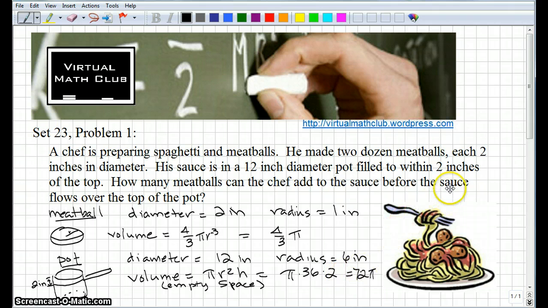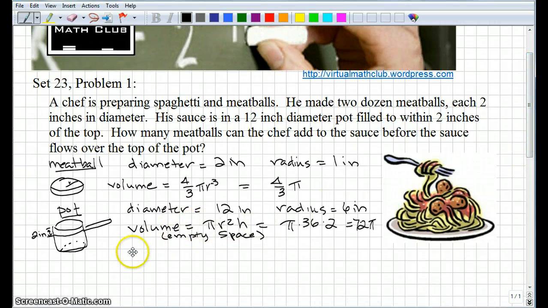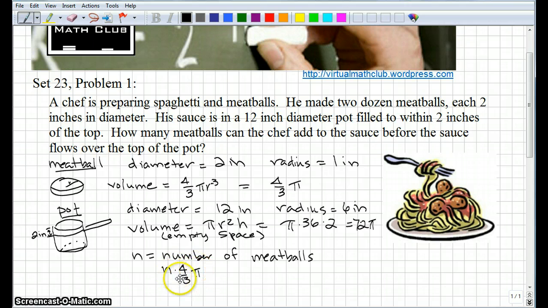All right, so let's do that. Let n be the number of meatballs. Then n times 4/3 pi would give us the total volume of meatballs. And when that is equal to the empty space in the pot, then the pot is full, right?